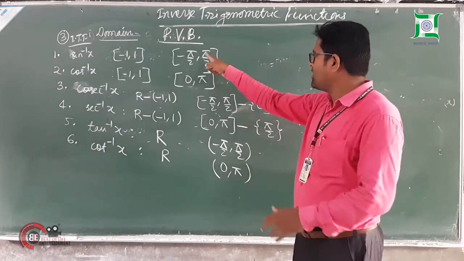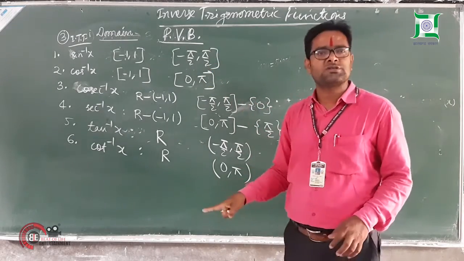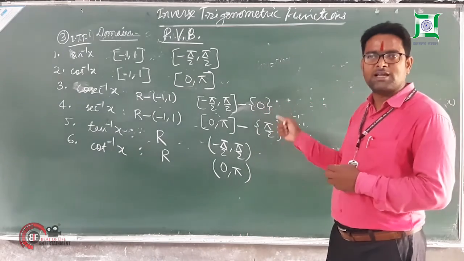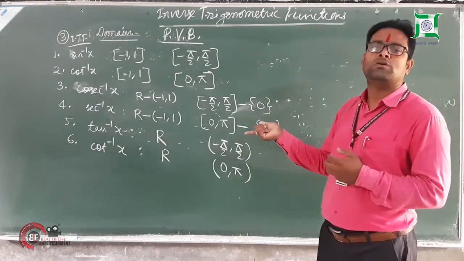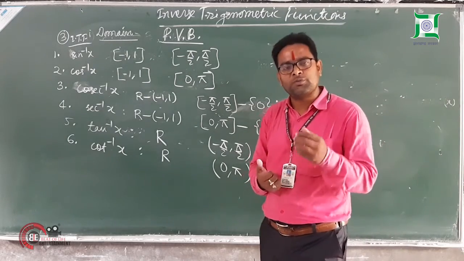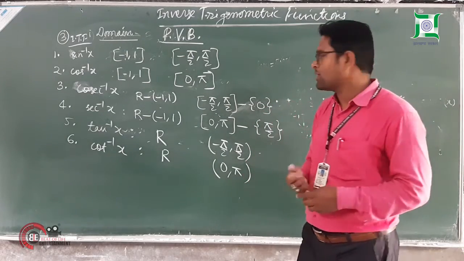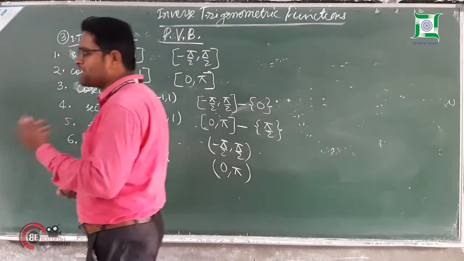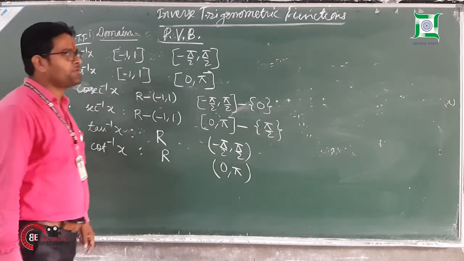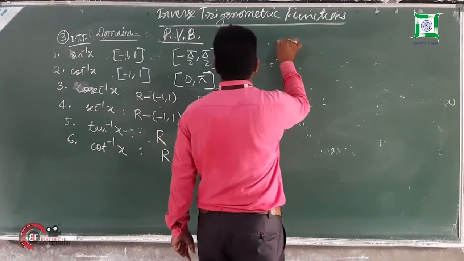So remember that all these principal value branches will work as a tool for you to understand how to find the principal values for all other inverse trigonometric functions. So let us start with one example and we will see how to find the principal value of an inverse trigonometric function. I am writing on that side, see.